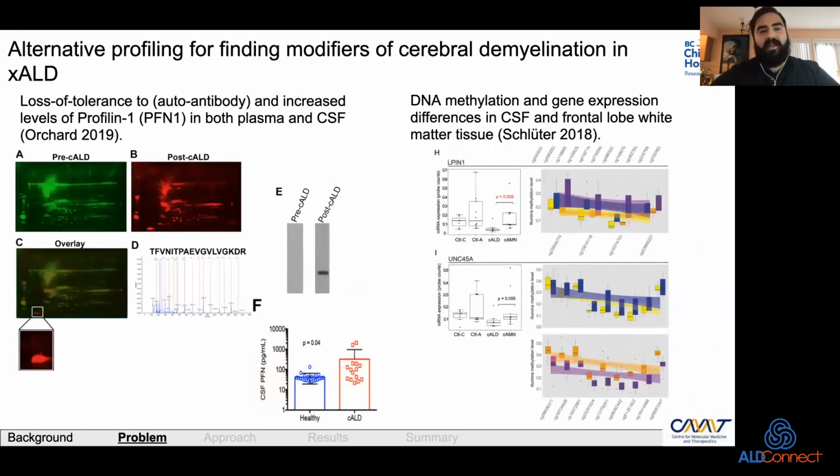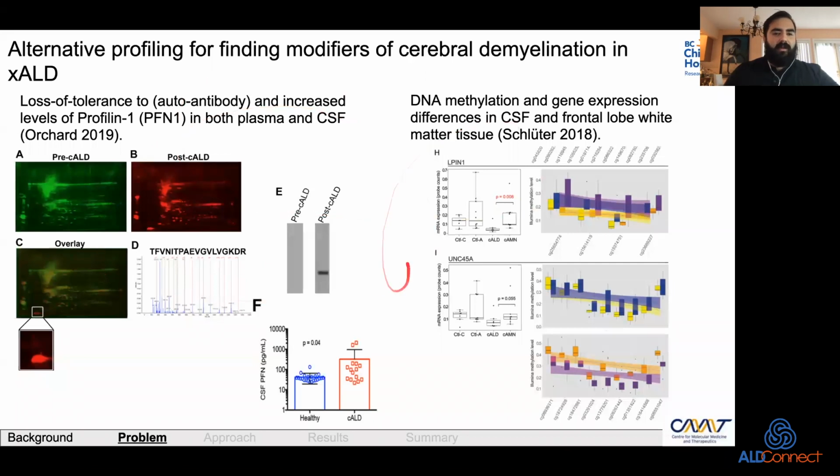Beyond genetic investigations, there has also been what we will call alternative profiling: profiling the proteins, or profiling the DNA methylation and gene expression, in both plasma and cerebrospinal fluid.